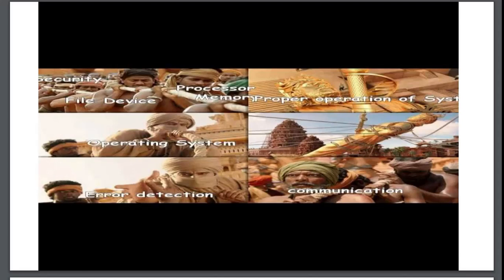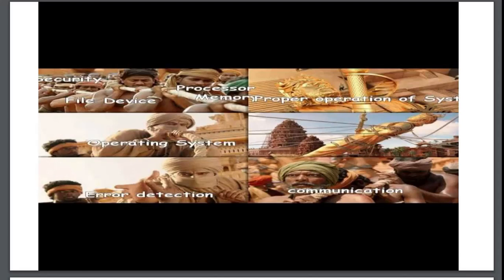Here all the same file operations or the operating system functions have been illustrated. Here we have the file device. We know the popular film Bahubali, right? In this particular scene, there is so much hype, and so much importance is given to the scene. Here you can see the operating system, who is the main character in Bahubali, hero Prabhas, right?